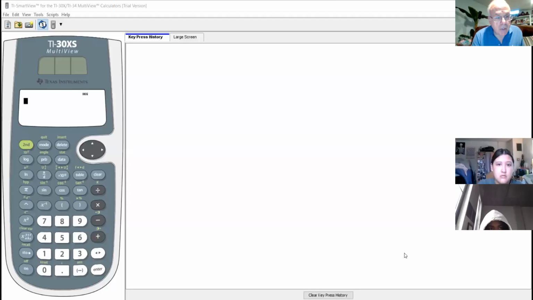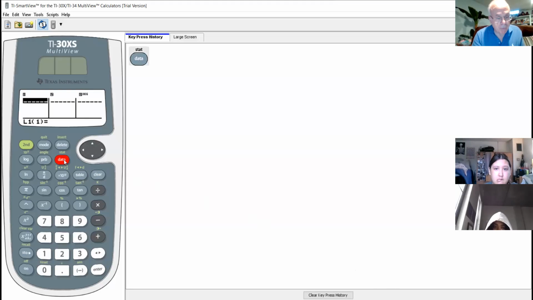So here's our calculator here. I'm assuming that all of you who have calculators are using this one, because I've asked around and it seems like all of you are using this one, the TI-30XS. Now to enter data, you're going to hit the data button, which is really the one in the upper middle, third column.